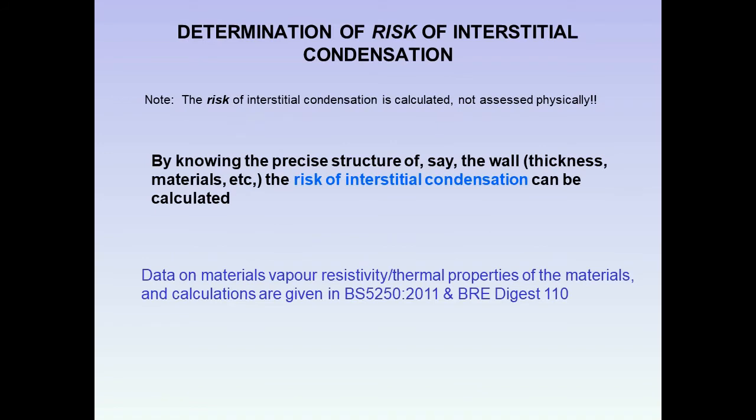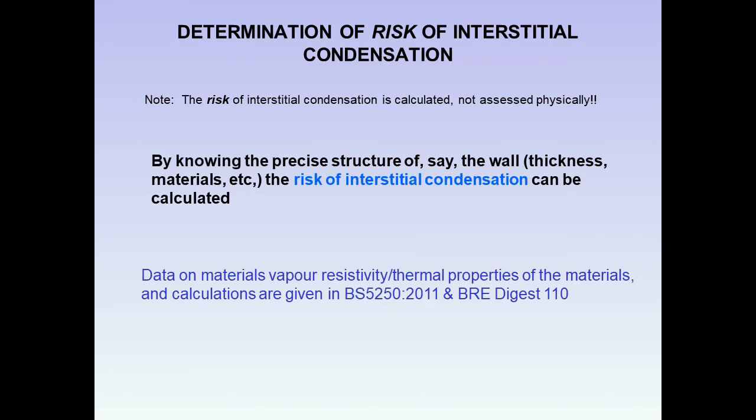Well, interstitial condensation is not actually measured. It's usually the risk of it occurring that is calculated. It's not usually physically assessed. But we need to know the precise structure of, let's say, a wall, for example. Once we know this, we need to know all the details about the wall, thickness and materials. The risk of interstitial condensation can be calculated.